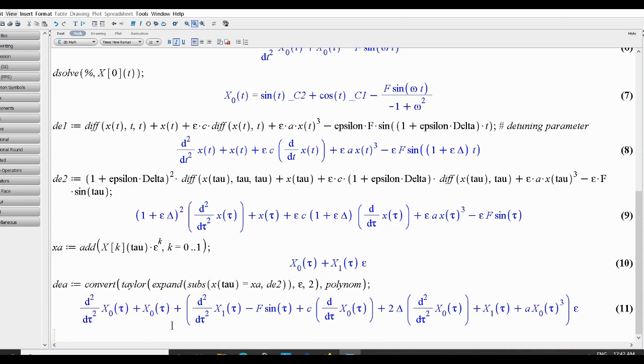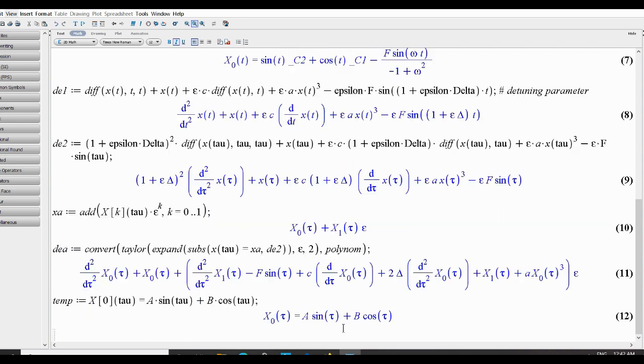Okay, very good. So I come here and I say temp is equal to, and I say x0 of t is equal to a times sine of tau, well that's tau, plus b times cosine of tau.